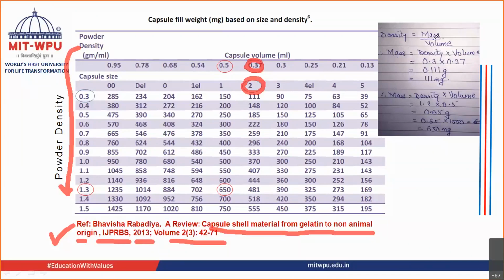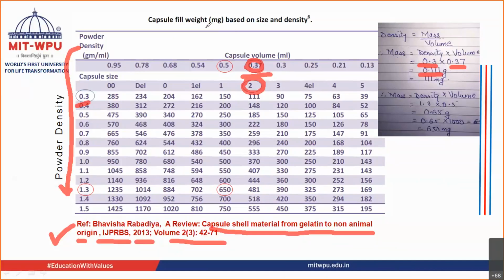Density is mass upon volume. So the mass, the amount that is going to be filled, is going to be the density, which I have shown you over here, 0.3, into volume. We have taken a size 2 capsule, so the volume is 0.37. So 0.37 into 0.3 comes to 0.111 gram.